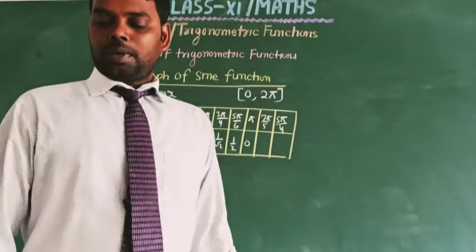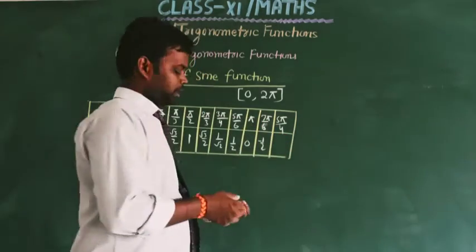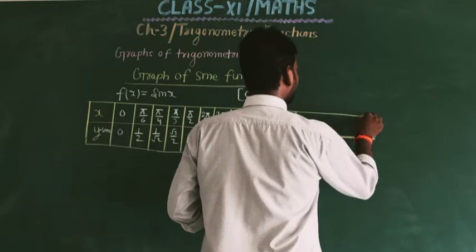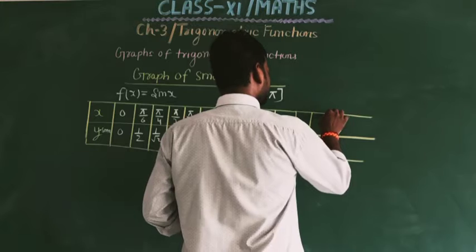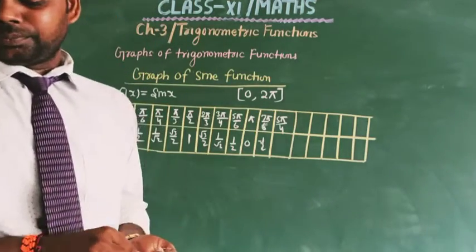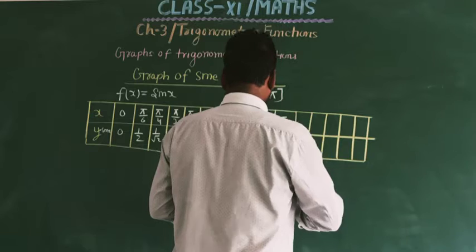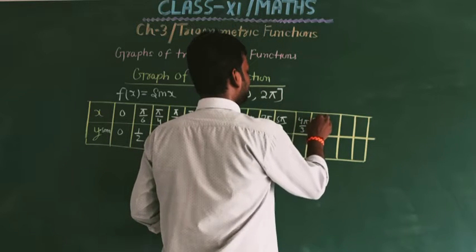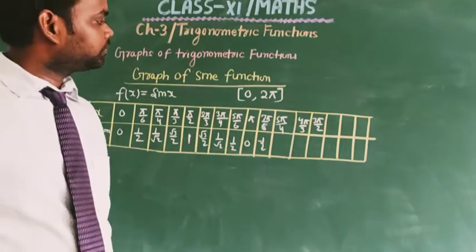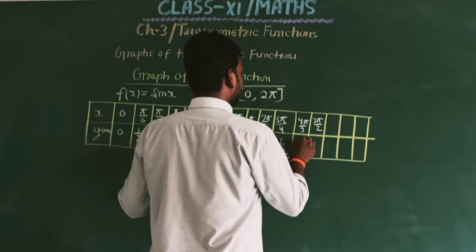Okay, 7 pi by 6 is minus 1 by 2, then minus 1 upon root 2, and minus root 3 by 2.